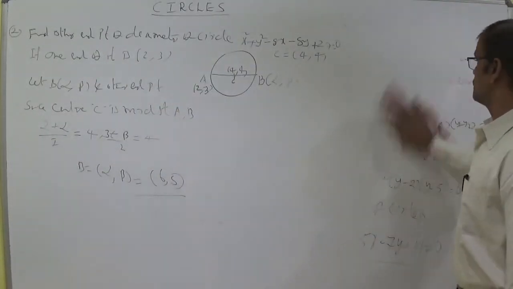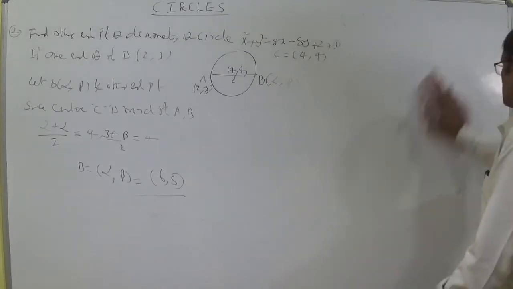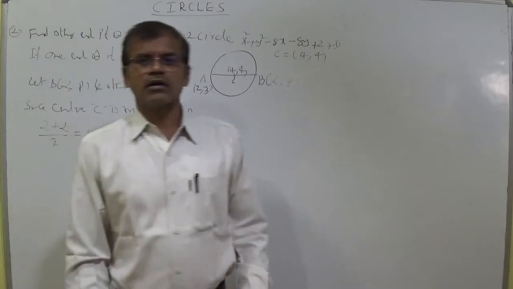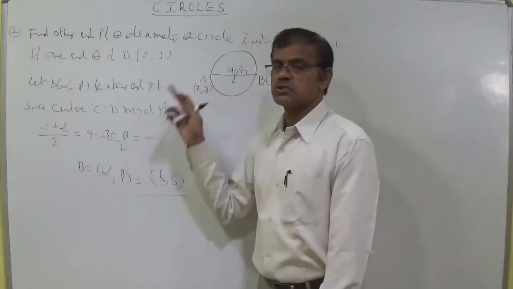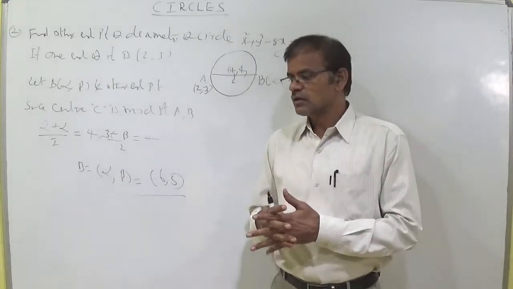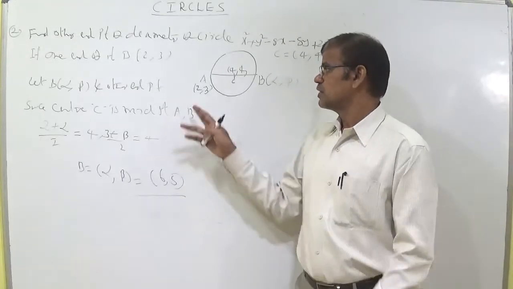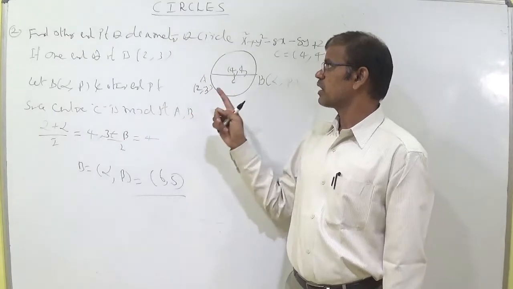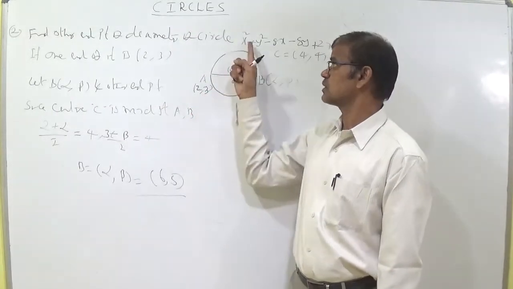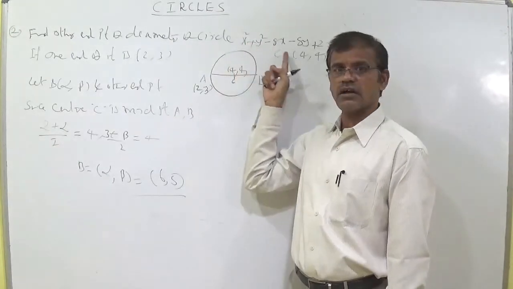In the exercise, one question is there. It is given like this: show that the point A (3, minus 1) lies on the circle and also find the other end point. Whenever the point (3, minus 1) is given, you should substitute the value in the given circle, not this circle.